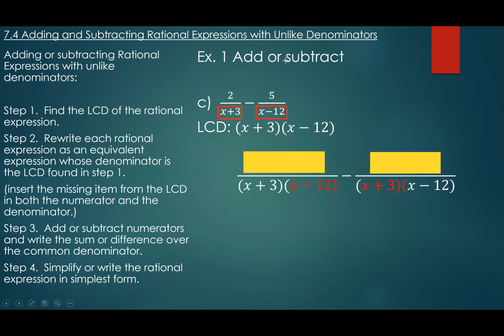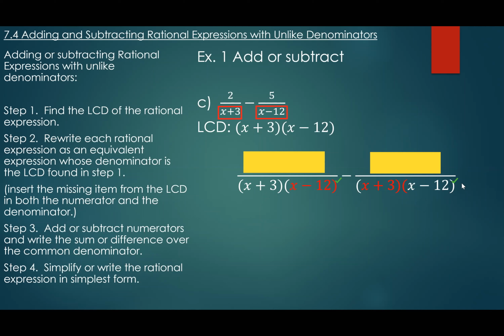So everybody see that our goal is to have the denominator be exactly the same. And to do that, all I do is change my denominator to become the LCD. And how do I get the LCD? I take the two denominators from the original problem and put them together. Everybody still with me here? Our objective is to have a common denominator. To have a common denominator, we need the LCD. And to have an LCD, I take the two original denominators and put them together.